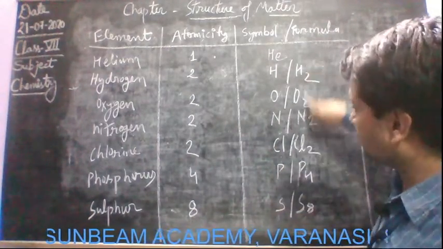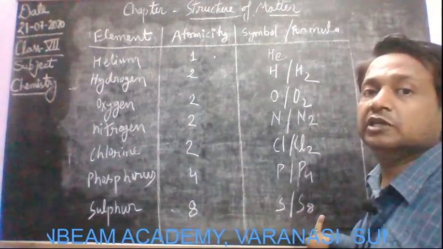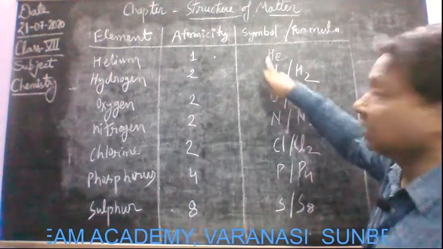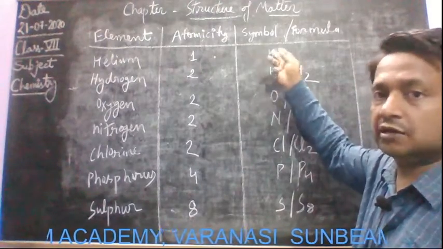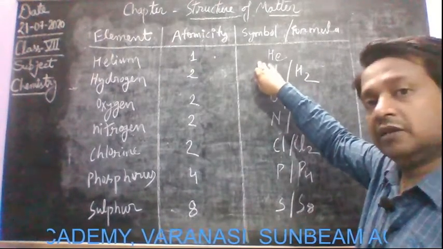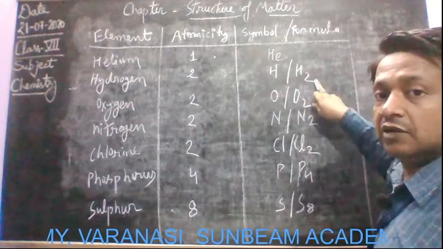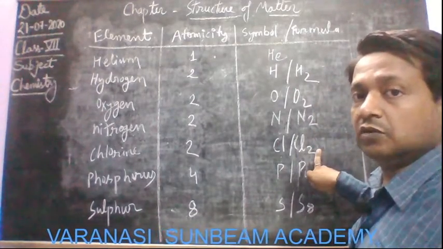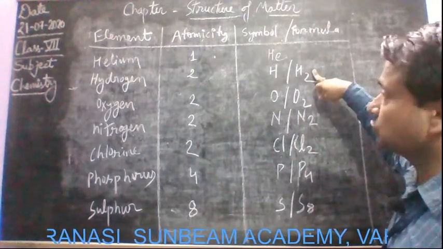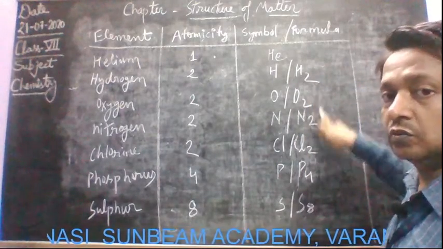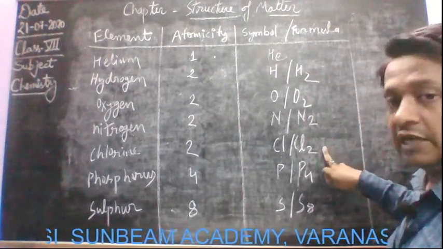But these are the formulas of one molecule of these elements. As helium is monoatomic, its formula remains He. But these are diatomic, so for one molecule, their formulas are H2, O2, N2, Cl2.